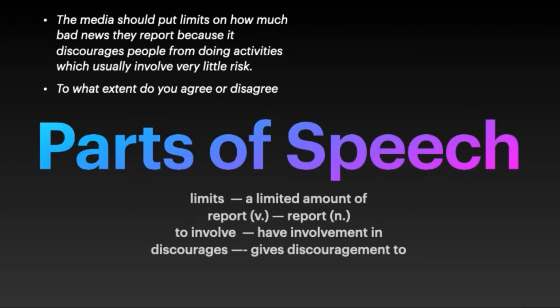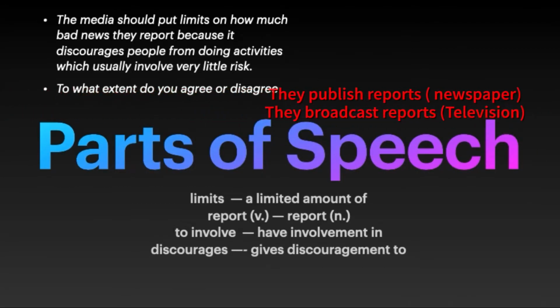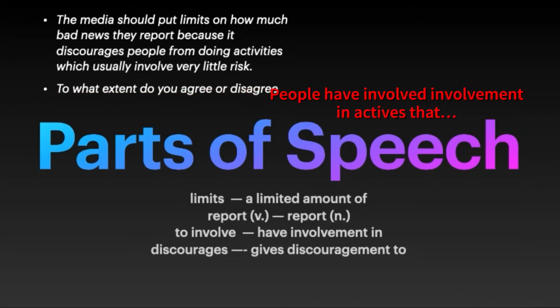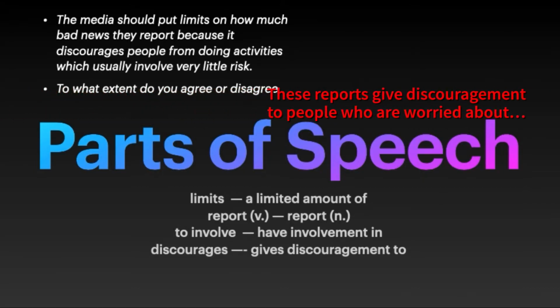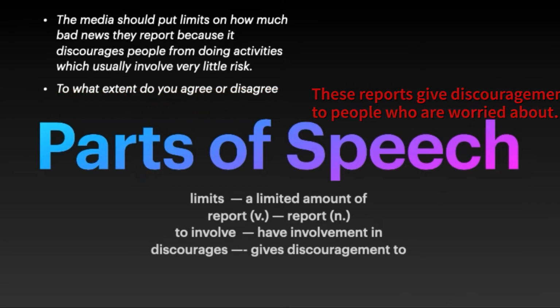And part of speech is thinking about our verbs, nouns, adverbs, adjectives, and realizing that many words take on different forms. Like limits could be a limited amount of. Report could be used grammatically as a verb or a noun. To involve, have involvement in. Discourages gives discouragement to.